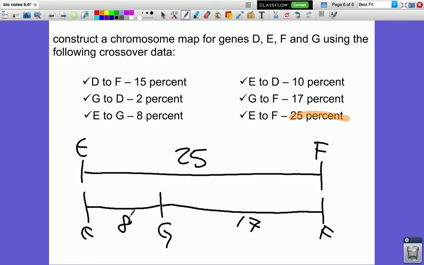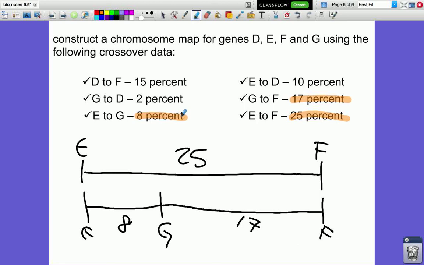So E is 25 map units away from F. G is in between E and F, 8 map units away from E, 17 map units away from F, and I just keep adding pieces of information, keep working in smaller and smaller and smaller. So I've covered this 17%, I've covered this 8%.